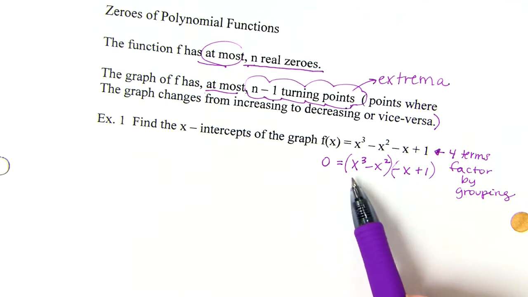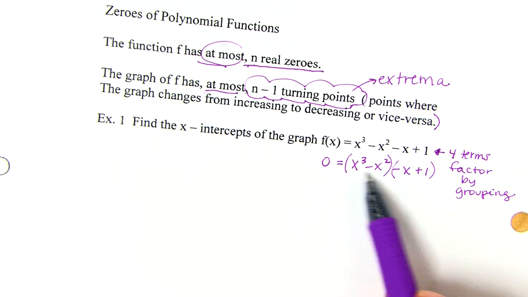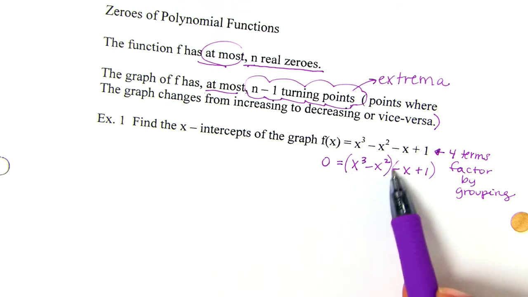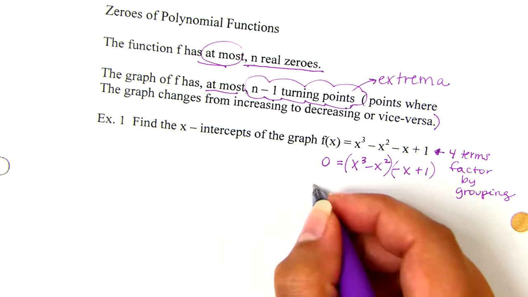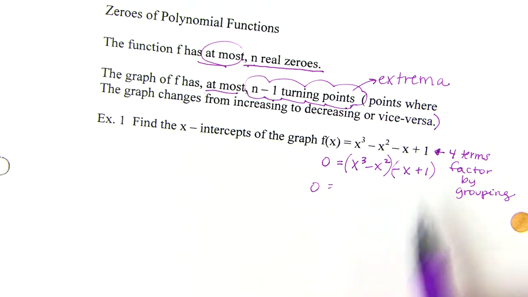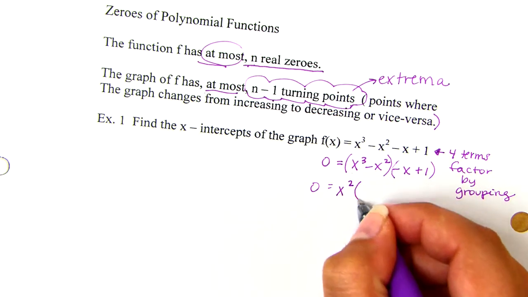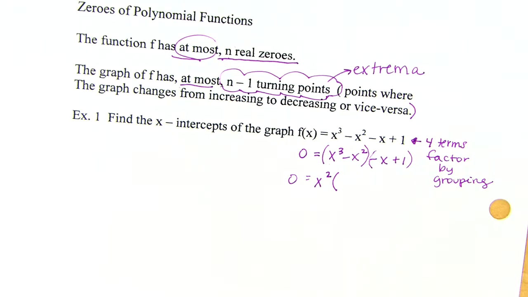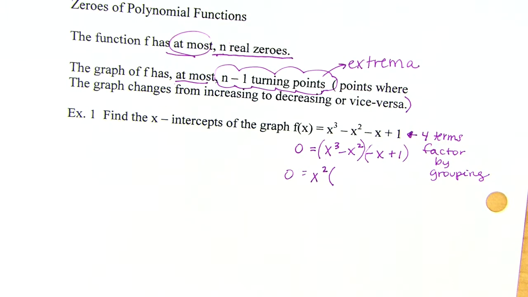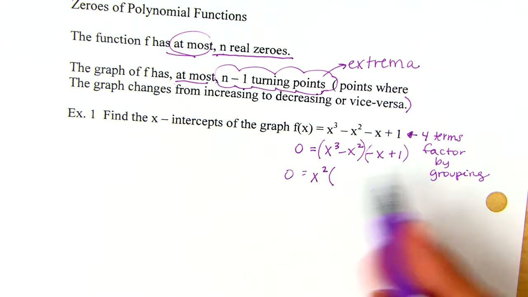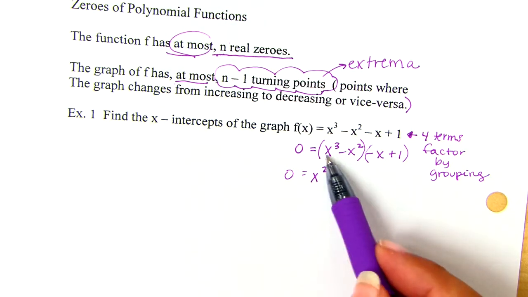I'm going to factor out the greatest common factor from my first 2 terms. What's that going to be in this case? X squared. Very good. So x squared. When you factor something out, there's going to be something left over. So I factored out the greatest common factor, and now I'm going to write my parentheses with what remains.